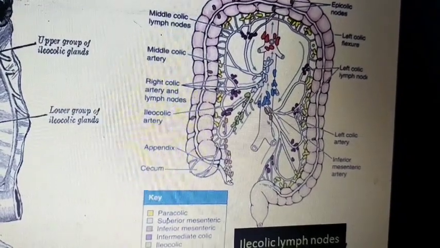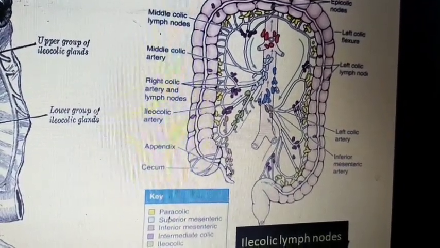lymph nodes. These are the ileocolic lymph nodes.